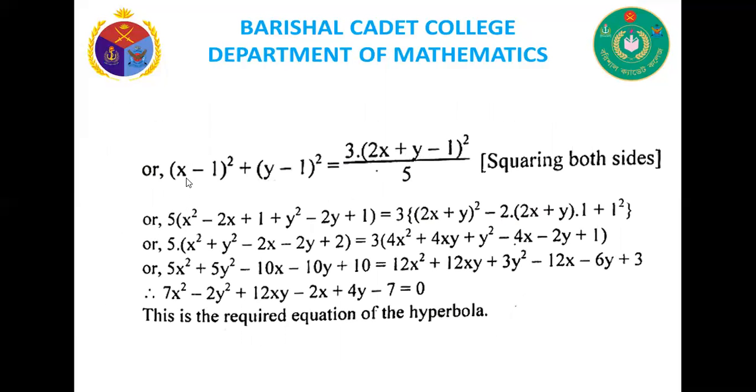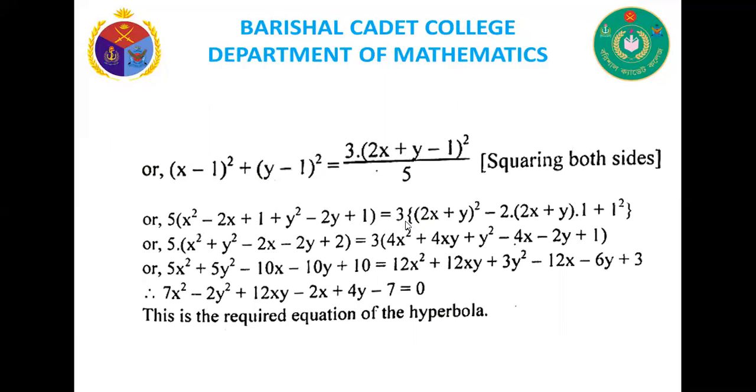Now easily you can calculate this, and finally you will get 5 times (x square minus 2x plus 1 plus y square minus 2y plus 1). That is, first of all cross multiplication, then (a minus b) whole square, which is also a formula.